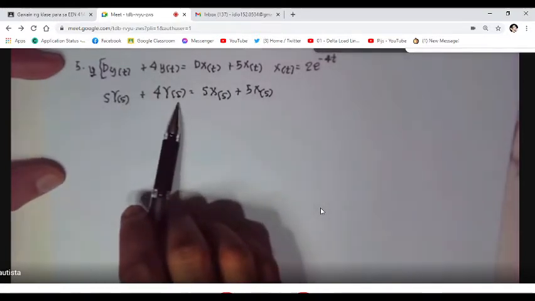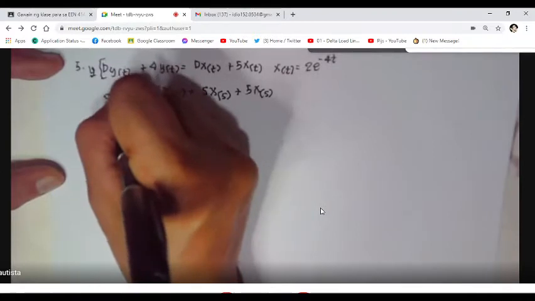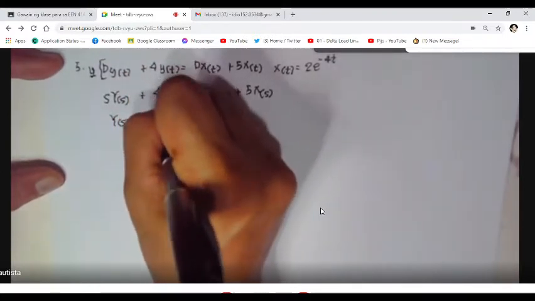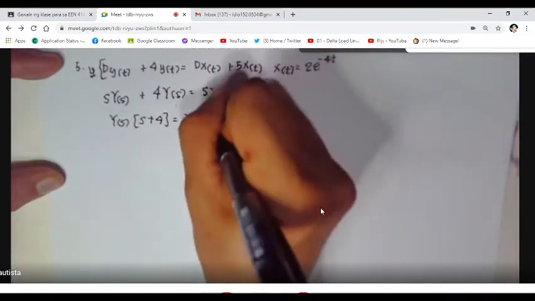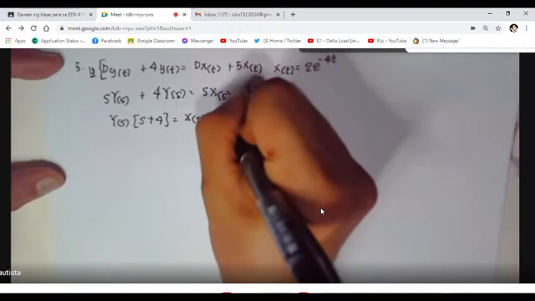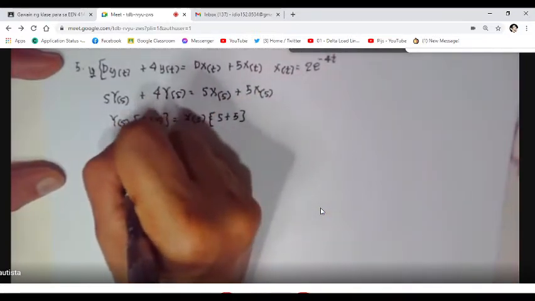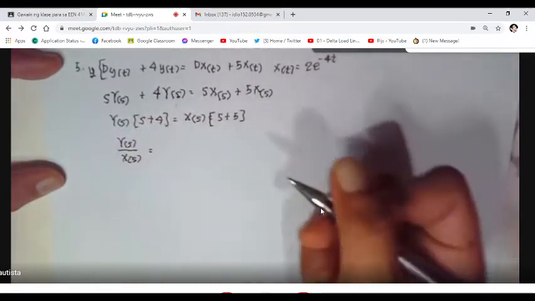So, alam natin, transfer function is y over x or output over the input. So, y sub s, that is s plus 4, and x sub s, that is s plus 5. So, therefore, y sub s over x sub s, di ba?